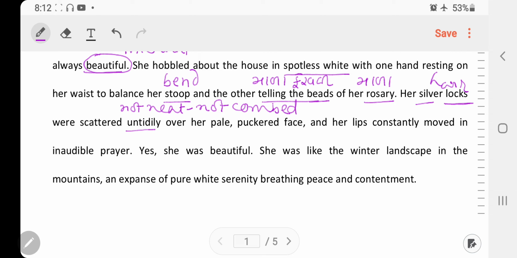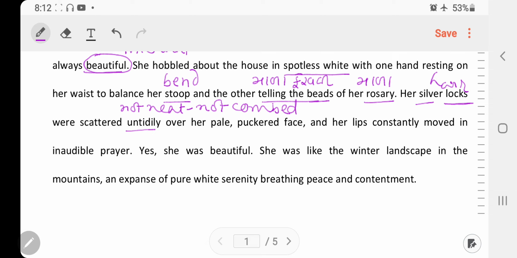An expanse of pure white serenity, breathing peace and contentment. એક પર્વત હોય, ત્યાં ખૂબ બરફ જામેલો હોય, ખૂબ સુંદર દ્રશ્ય હોય, અત્યંત શાંત હોય, પવિત્ર લાગતું હોય. બસ દાદીમાં આના જેવા જ હતા.